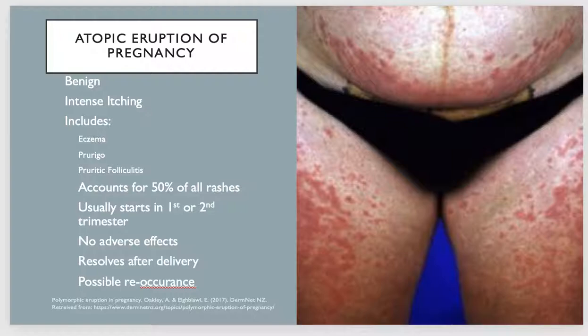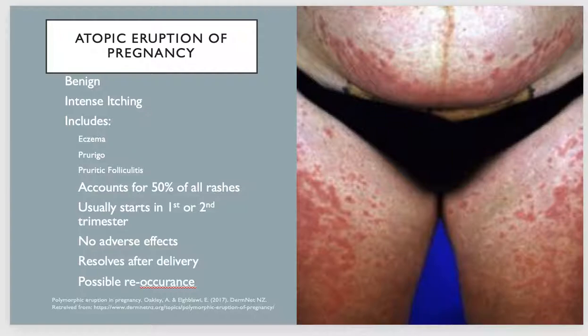Eczema and what's called prurigo, which just refers to really intense itchy spots. It's a very fancy word for itchy spots. And then pruritic folliculitis, which are like small follicular pustules that are all over the trunk. And all of this usually starts in the first or second trimester.